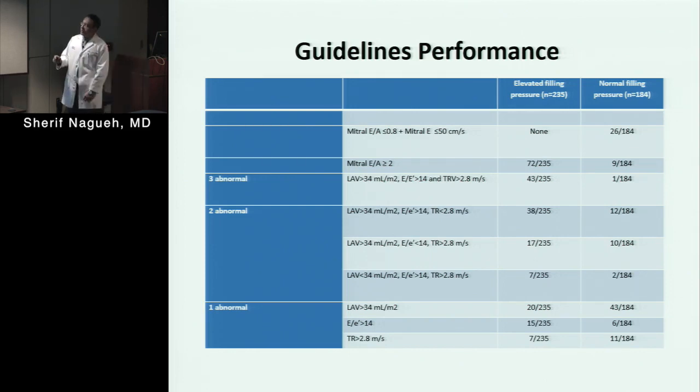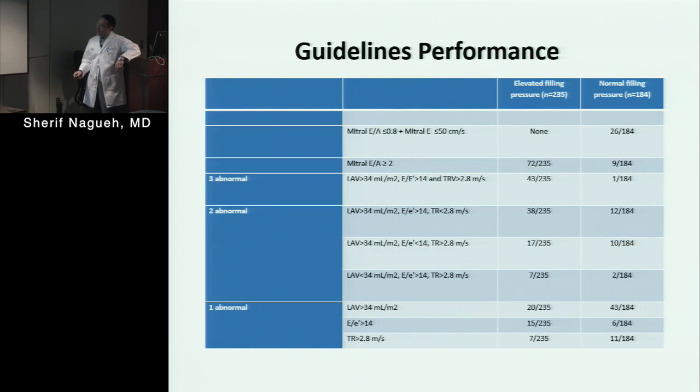Okay, one comment about this. I have 235 patients, of which I've excluded the 72 and the 43. So I still end up with 100-some patients, and with 2 abnormals I'm picking up about 60.